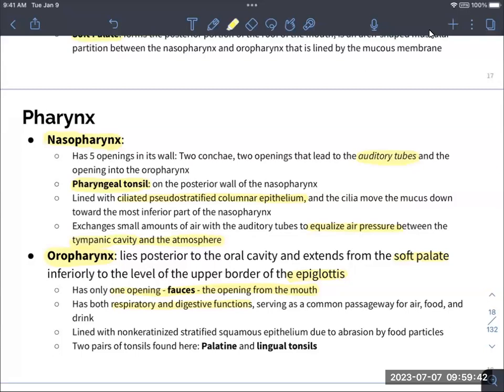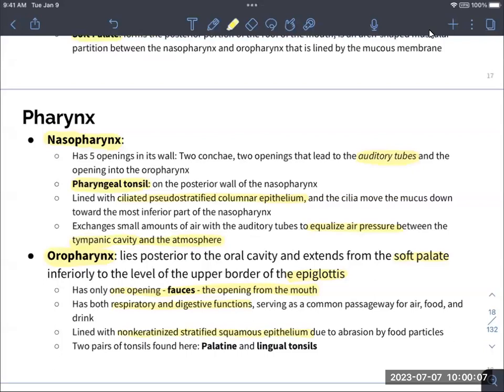The oropharynx is instead lined with non-keratinized stratified squamous epithelium, because anytime you're moving food around in your mouth, chewing it, breaking it down, these foods hit the different areas in your mouth and it puts wear and tear on those cells.